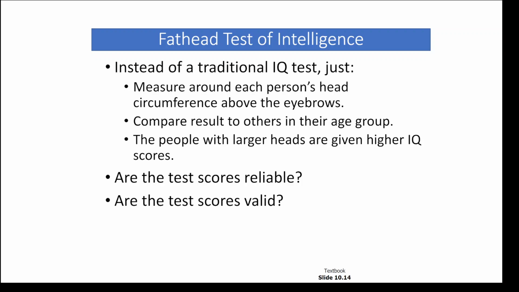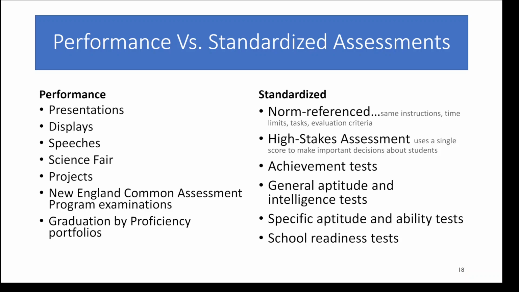I would argue with you that this test is neither reliable nor valid. Right? So maybe don't try to figure out how smart people are based on the roundness of their heads. People have actually done that in history, though. They thought bigger head meant bigger brain, meant more smart. No. Not true.